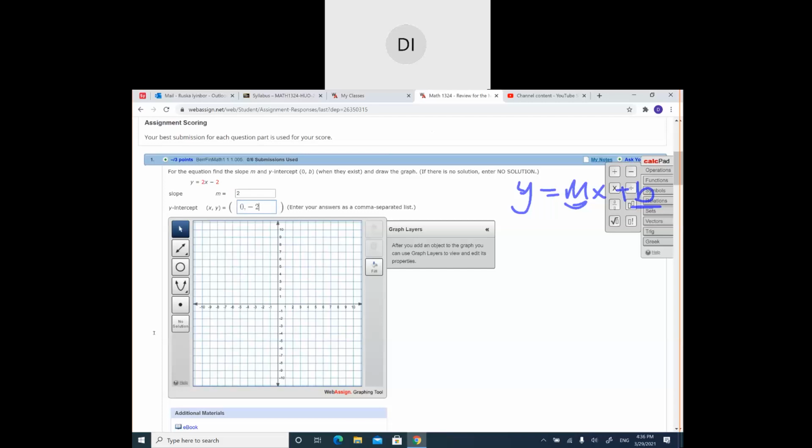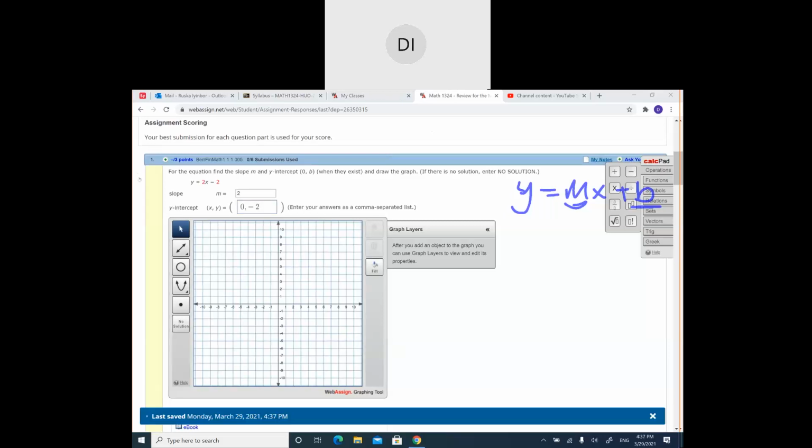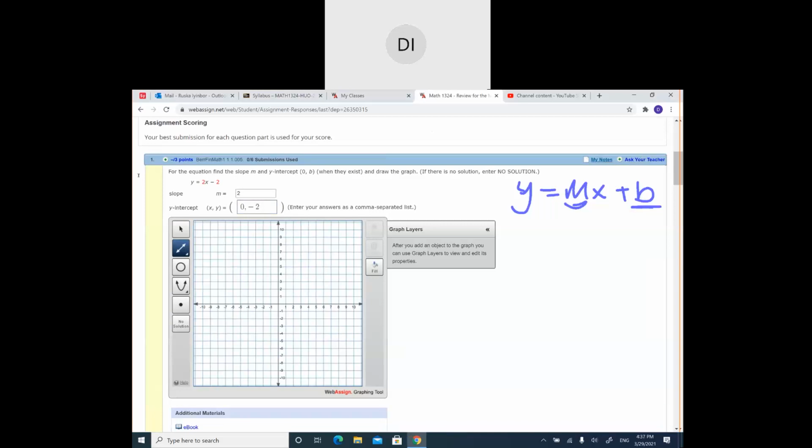So this is my slope and the y-intercept, and then we have to graph it. So you can graph in different ways. I'm going to show you 2 ways. You can click on the straight line, and then you can start with the y-intercept, which is 0 and negative 2.